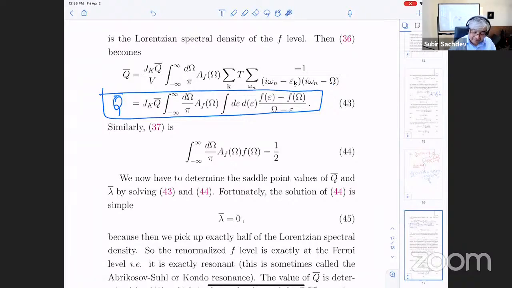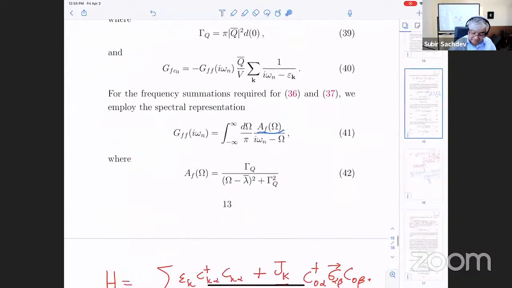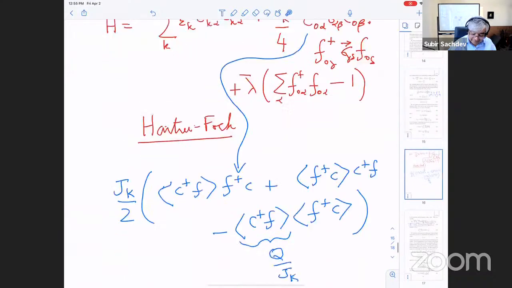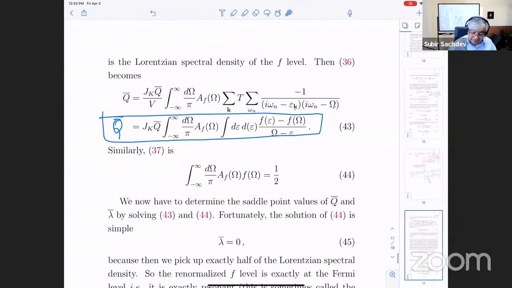And AF of omega is the Lorentzian right here, but it depends on Q because the width of the Lorentzian depends on Q. If you think about it, this is like the Lindhard function between a conduction electron and a level of finite width, and this is just the conduction band with a constant density of states. And this whole thing depends on Q through the width of the Lorentzian.